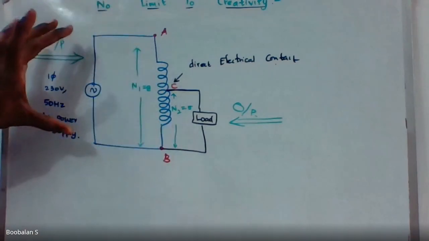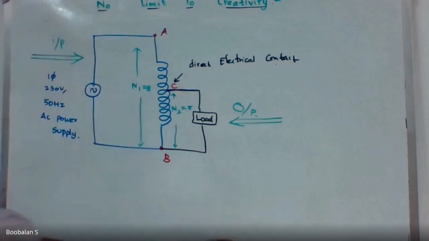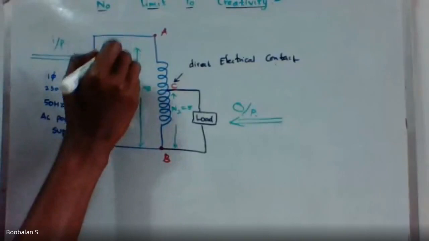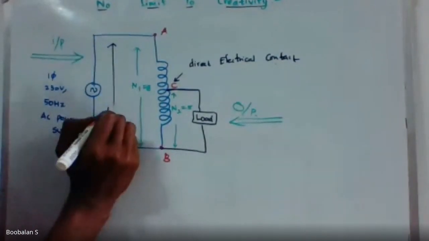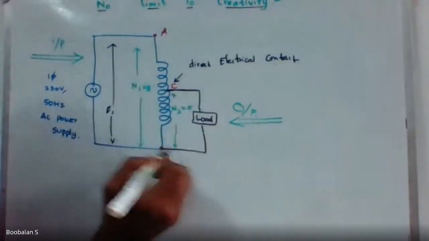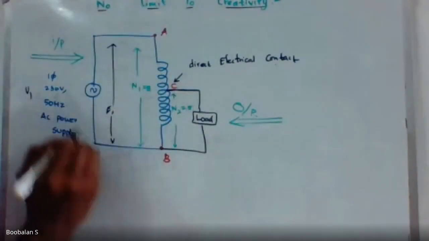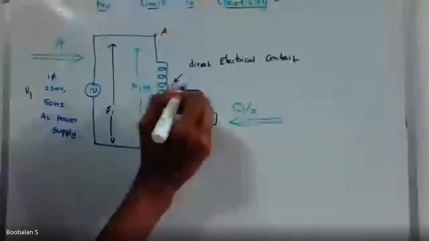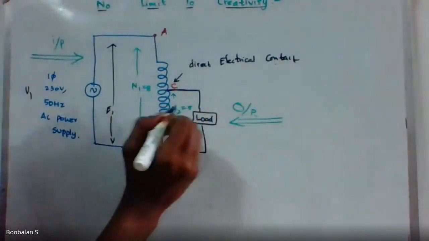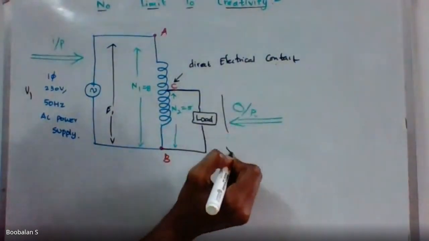So input voltage is built up across this, my E1 or V1. இதுக்கு across இருக்கிறது input voltage V1. Induced EMF is on this entire coil itself. Induced EMF is E1, right? So the portion of the coil is now responsible for E2.